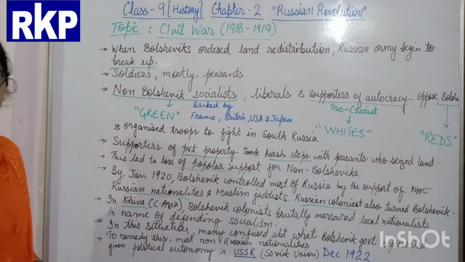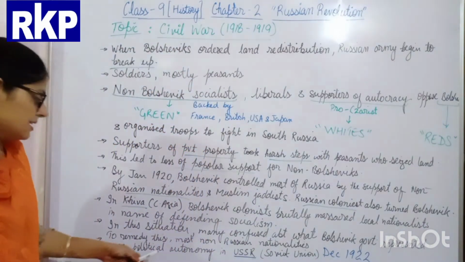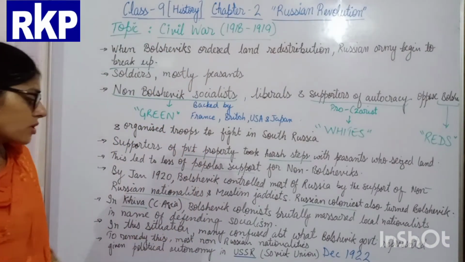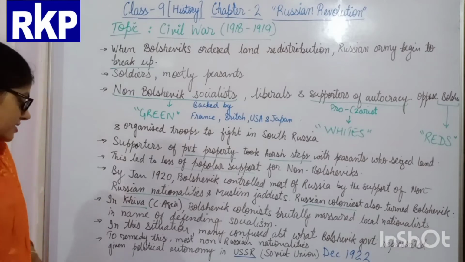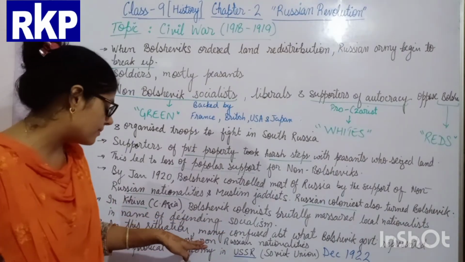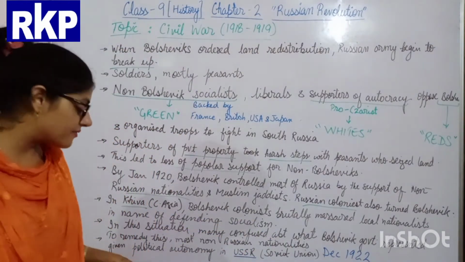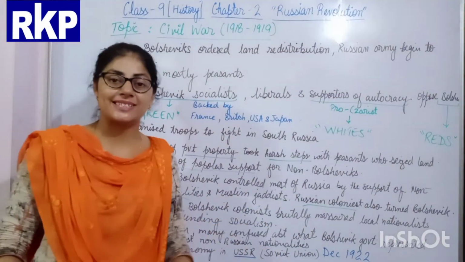To remedy this, and to turn people in its favor, the Bolsheviks gave most non-Russian nationalities autonomy in the USSR.